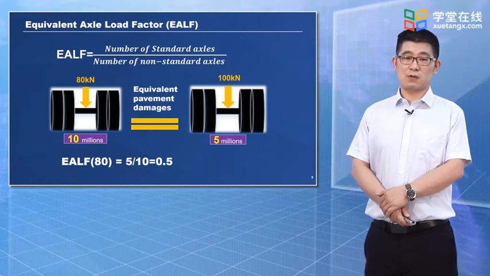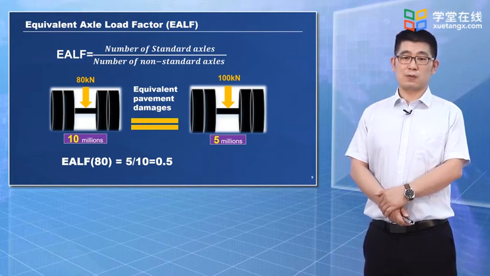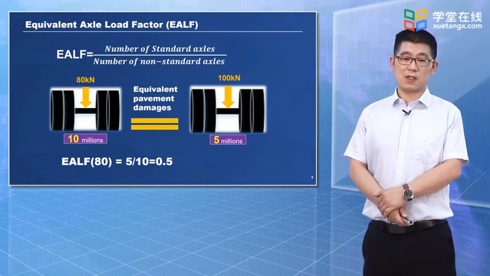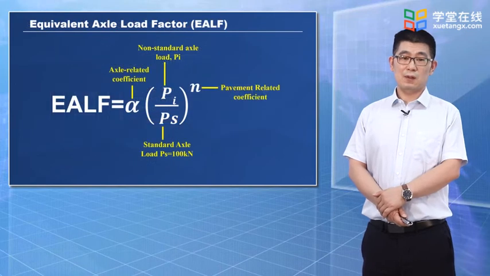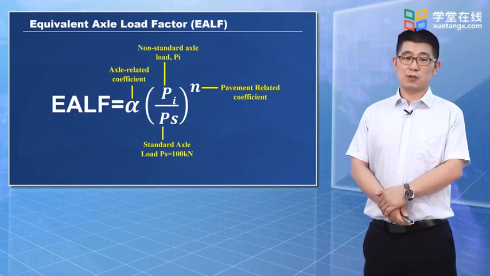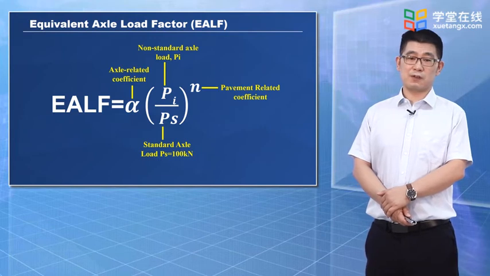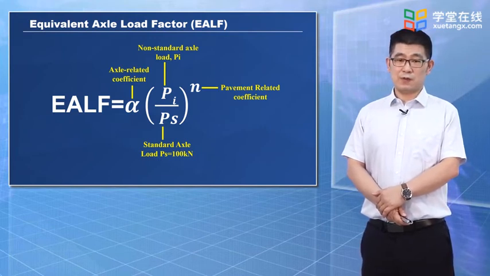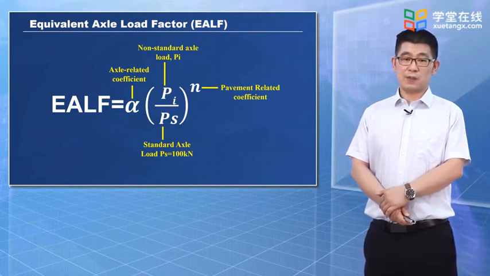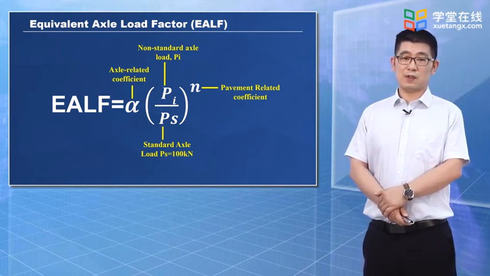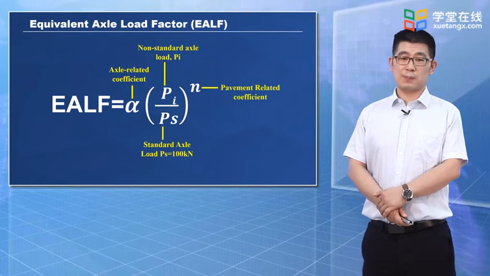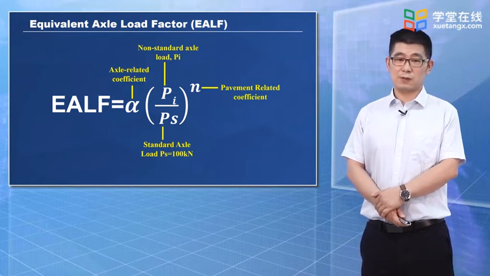Nowadays, there are various models for ELF variables. In this online course, we only introduce a model from the Chinese specification. This equation shows the ELF model from the Chinese specification. Obviously, PS is given. PS equals 100 kilonewton. PI is the key variable which depends on the specific project.